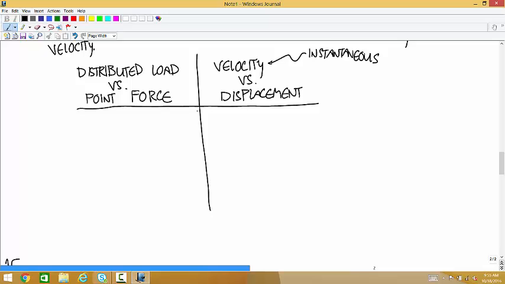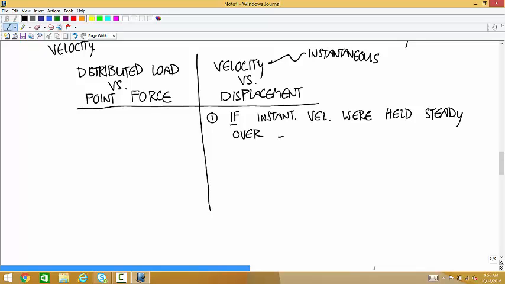Okay, so first, what's the meaning of, say, an instantaneous velocity of 30 meters per second? First of all, that means if the instantaneous velocity were held steady over 1 second, that's how many meters you would travel.